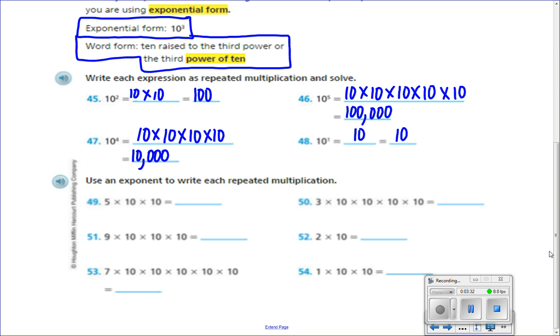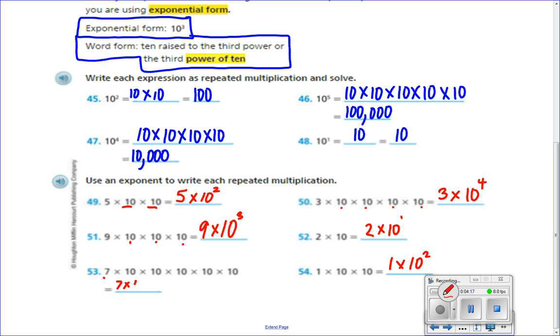If I were to rewrite the expression on number 49, I would say 5 times 10 to the second power, because there are 2 tens. 9 times 1, 2, 3: my base number is 10, 3 times. 3 times 1, 2, 3, 4 is 10 to the fourth power. 2 times 10 would be 2 times 10 one time. 1 times 10 to the second power. 7 times 10 is my base, 1, 2, 3, 4, 5, to the fifth power.